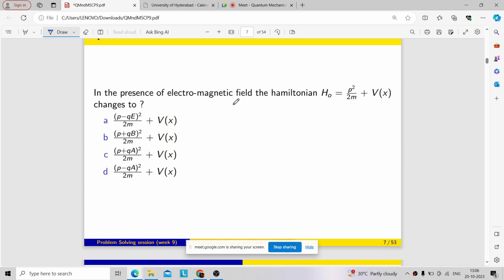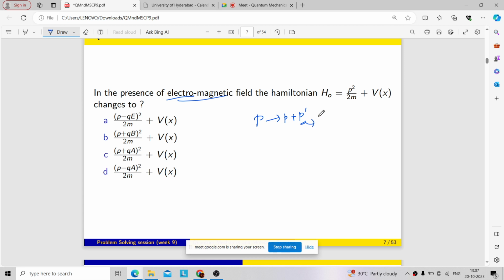So in the presence of electromagnetic field, what changes? The momentum changes. So the momentum changes to p plus p prime, where p prime comes from the contribution of this electromagnetic field.